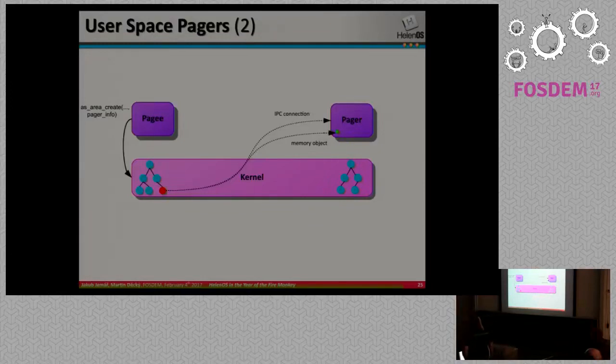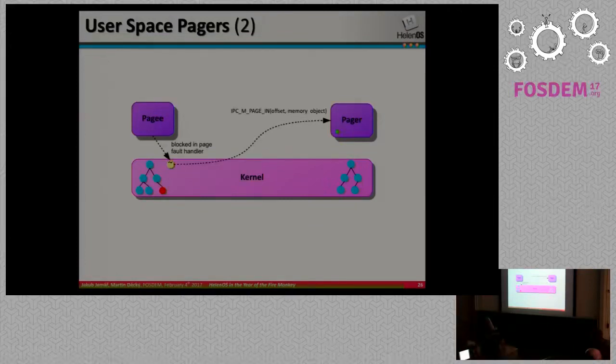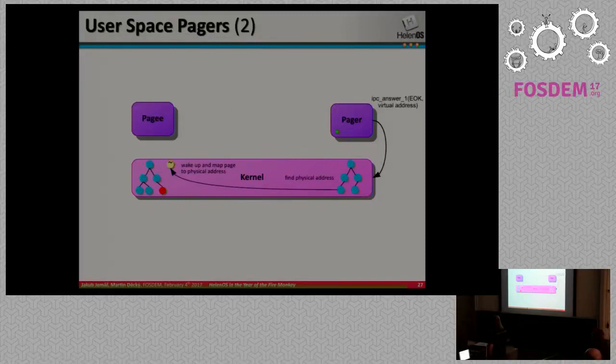The server creates its internal representation of this client, of this request. Then if the client touches memory within that area that needs to be served by the pager, it naturally creates a page fault, and this page fault is forwarded to the pager as an IPC message, while the pagee is blocked. Now the pager asks the kernel to give the client some part of its address space.